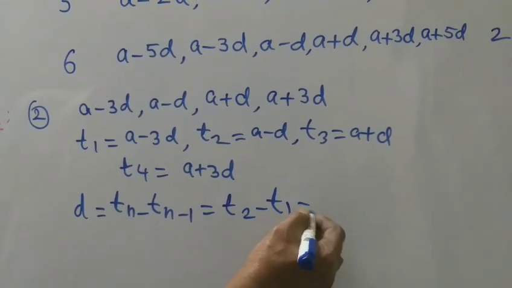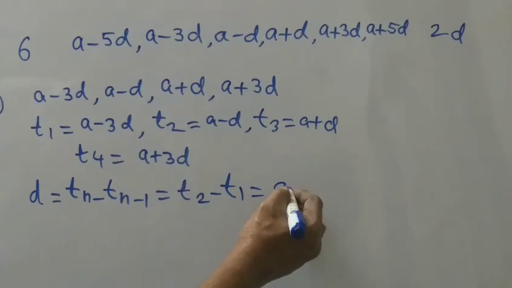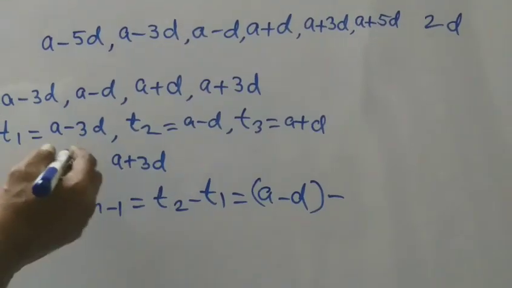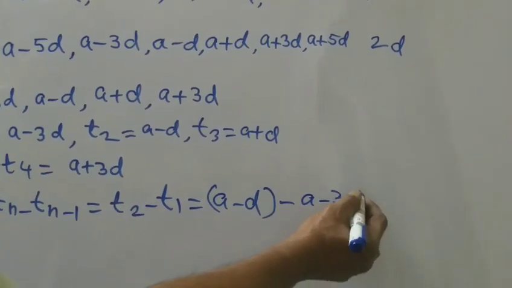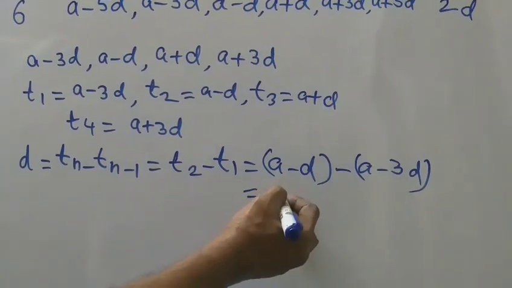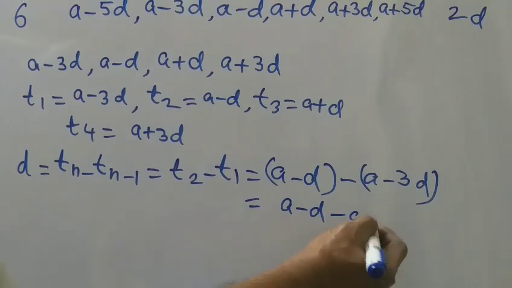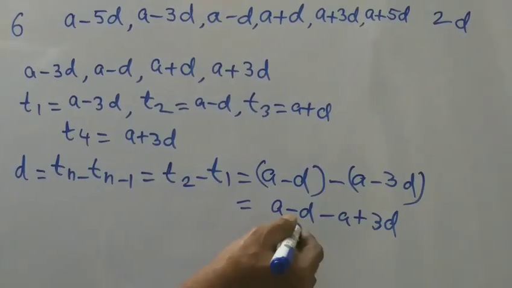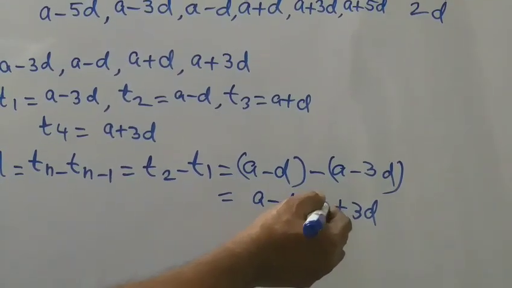The second term is a minus d, minus the first term, a minus 3d. On expanding these brackets, we have a minus d minus a plus 3d.